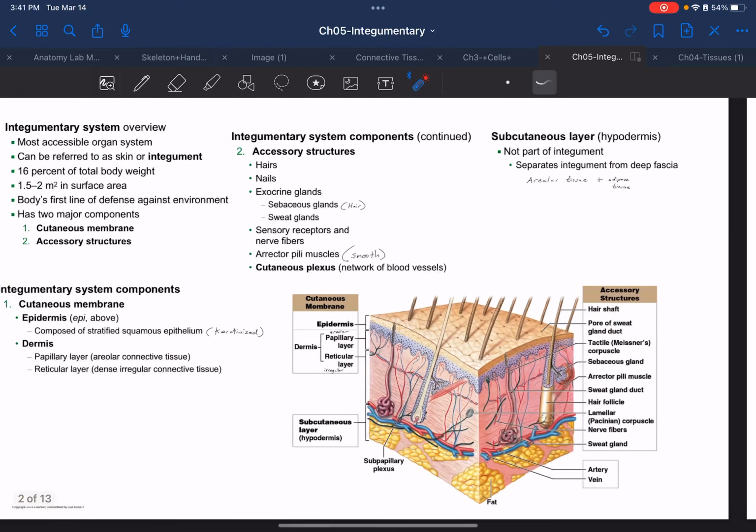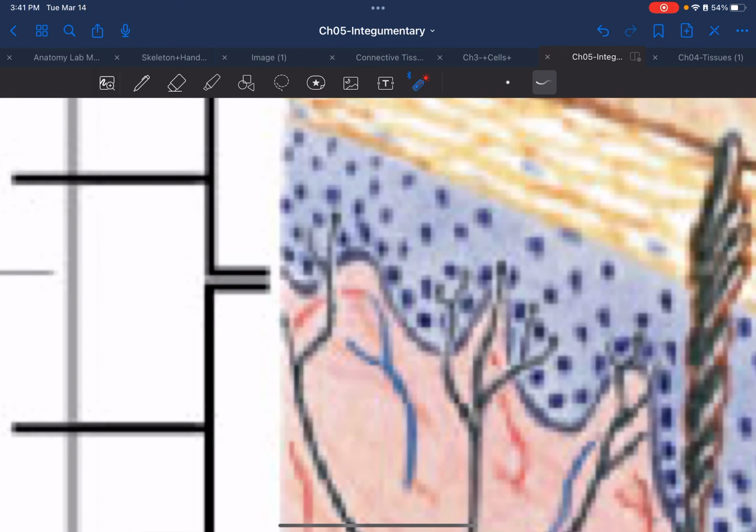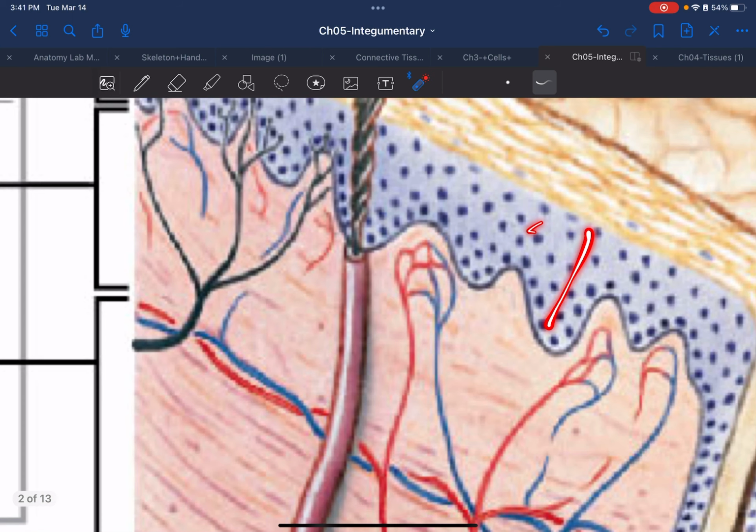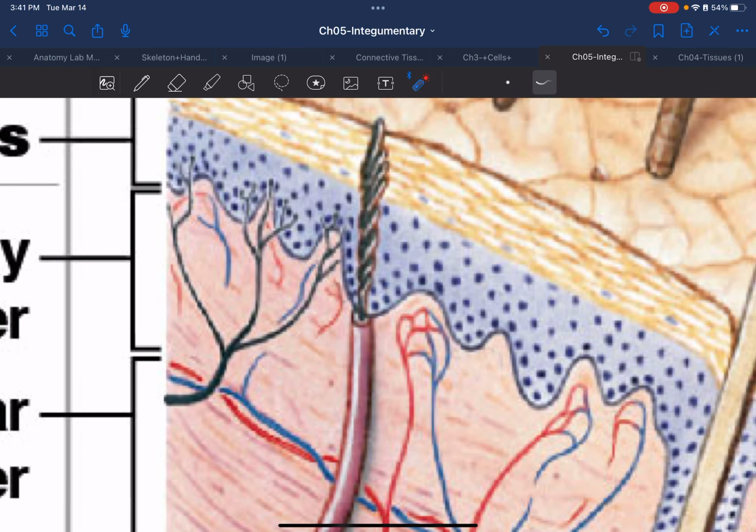And even if it's not highlighted for you there, it's always going to be the grooves that are looping in the layer of the epidermis, not the dermis, not the pink segment, but the layer above. So the segments that go into the dermis, these little loops, these roller coasters, these are our epidermal ridges.